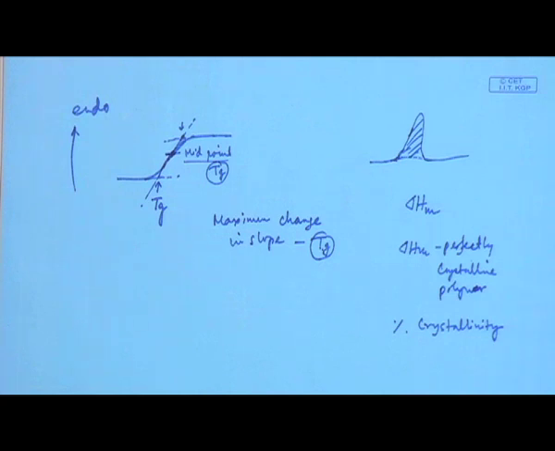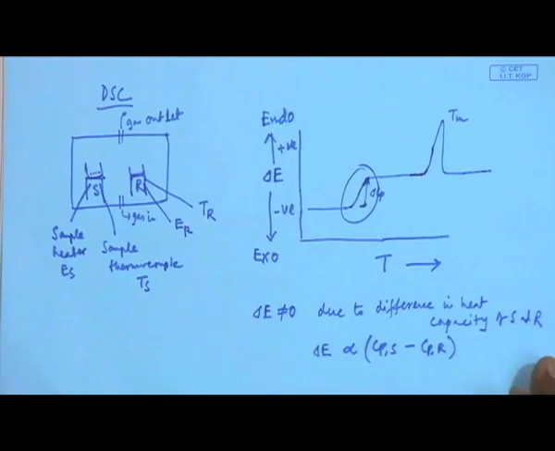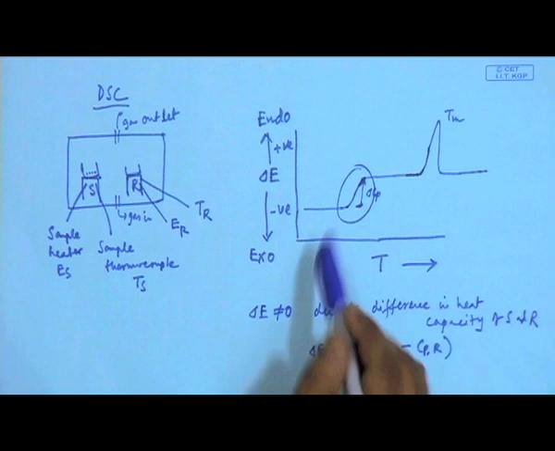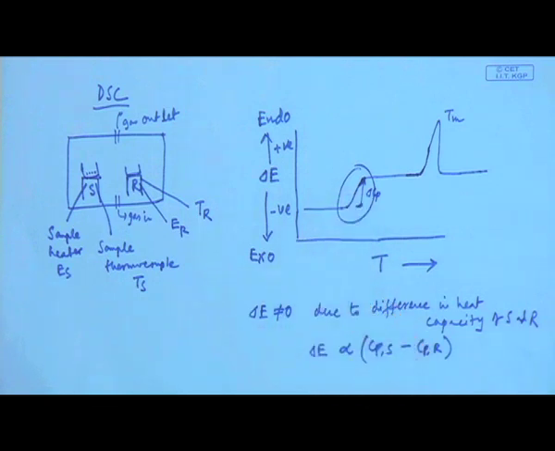Now, typically, if we want to find out Tg precisely in a semi crystalline material, the amorphous regions are in between the crystalline regions. So, the practice we follow is to quench cool.